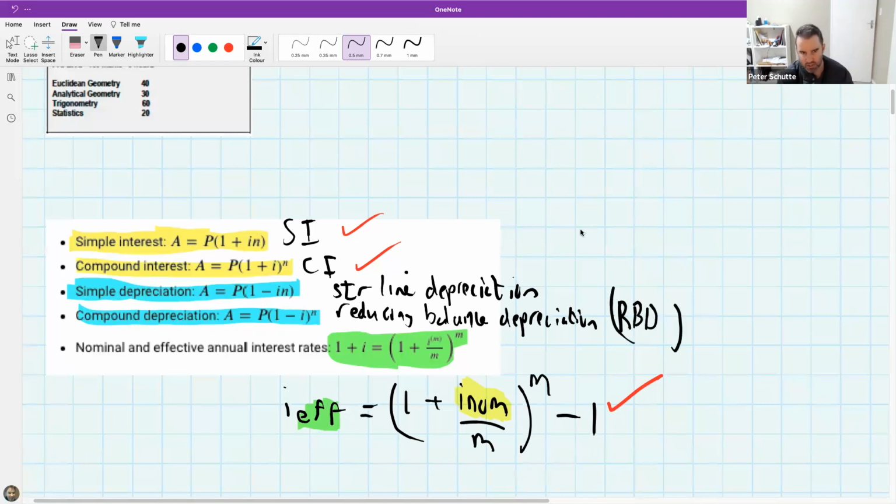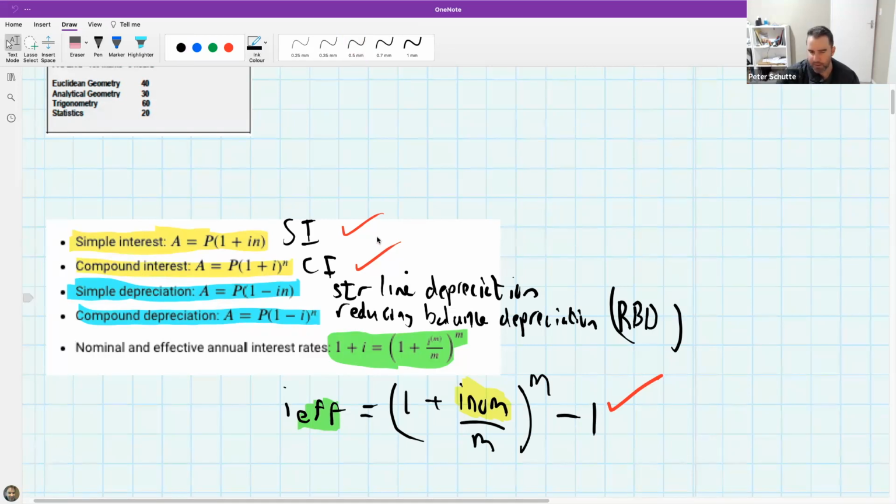And what you'll notice with compound depreciation or reducing balance depreciation is it's got the n, which is a power. Now, the only difference between the yellow ones and the blue ones is that the blue ones are about losing value or depreciating, whereas the yellow ones are about increasing in value using interest. So that's the main distinction that you need to make.